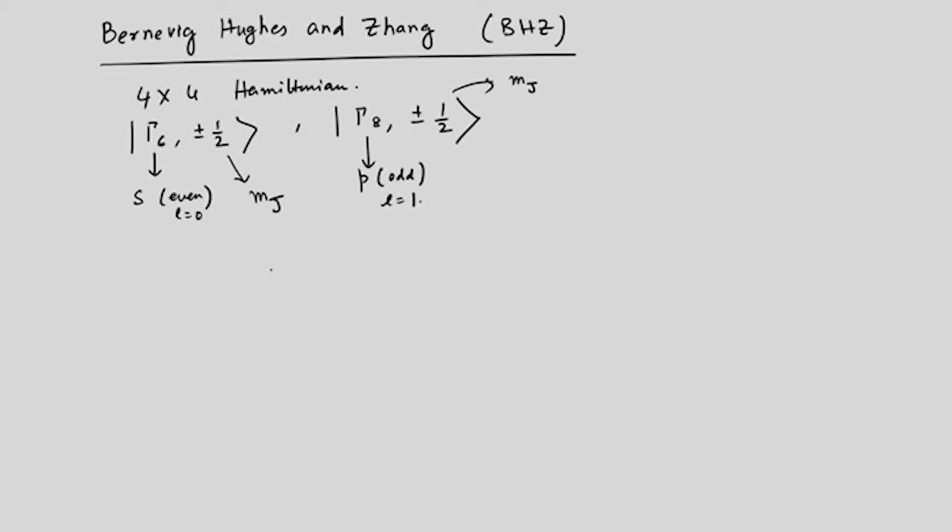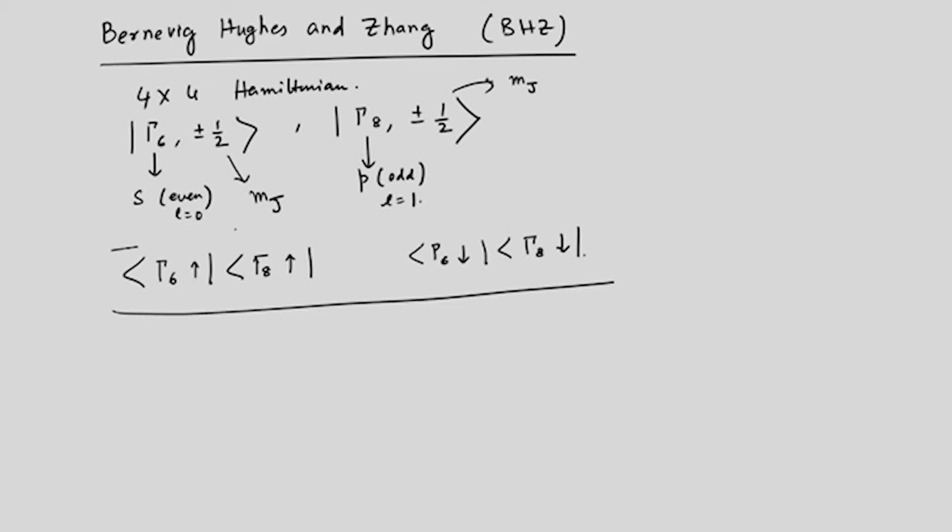We have seen such 4 by 4 Hamiltonians earlier. In this basis, the basis is gamma 6 up, gamma 8 up, gamma 6 down and gamma 8 down. So, this is the basis for that 4 by 4.